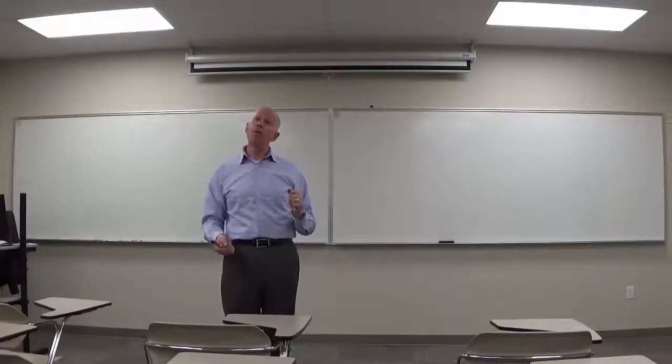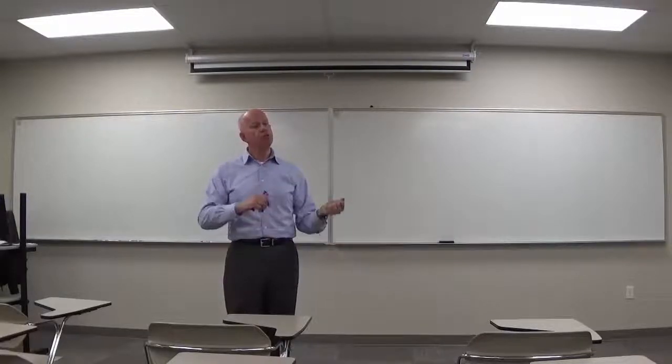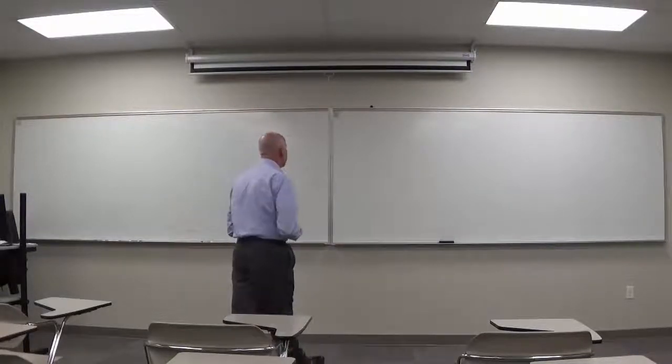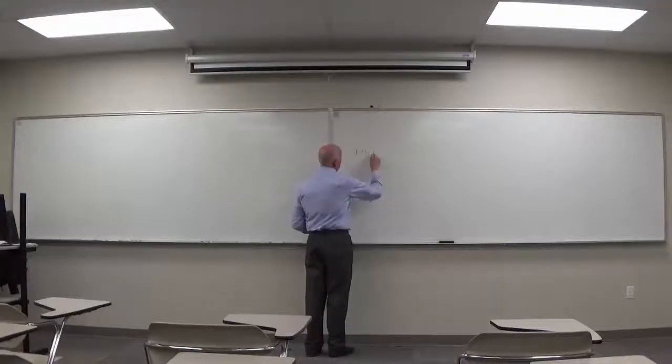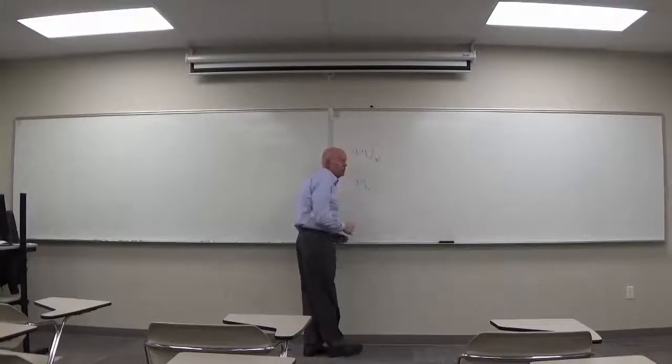So we have to think about what's the cost versus what's the benefit. And we actually think about the present value of the benefit and the present value of the costs.